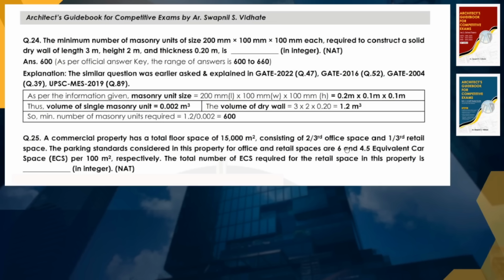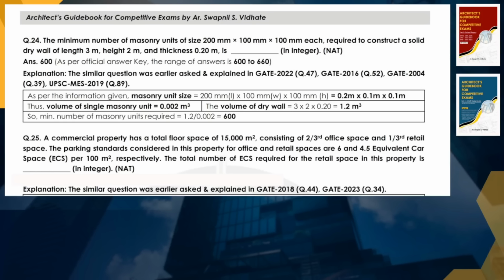So 6 ECS for office purposes per 100 square meter, and 4.5 ECS per 100 square meter for retail space. What they are asking is the total number of ECS required for the retail space in this property. We need to put the answer as an integer.